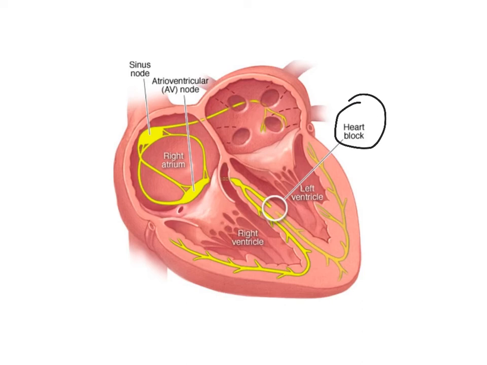It can also just be caused because you can be born with it that way, with the nerve not connecting there. But what does happen in that case is that the nerve kind of reworks its magic and grows in a different direction and then reconnects with the rest of the electrical system that goes through the left ventricle.